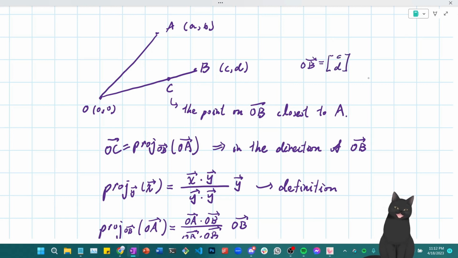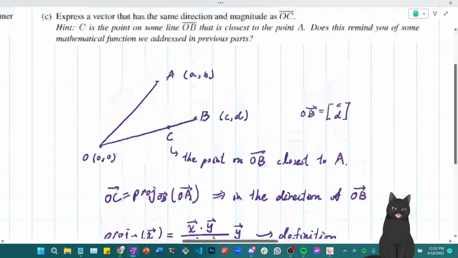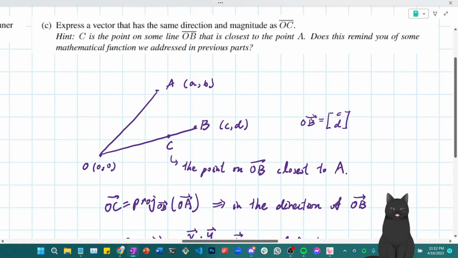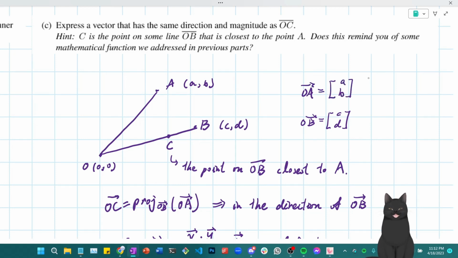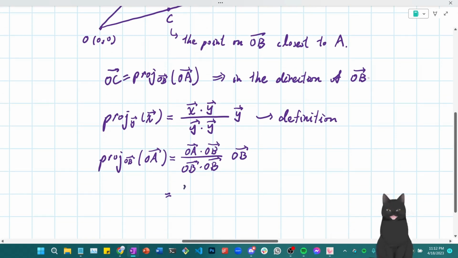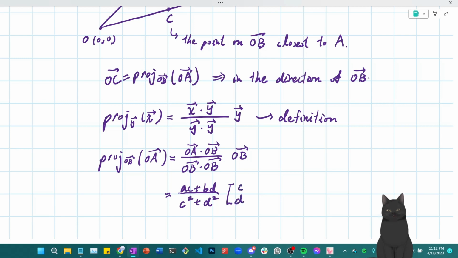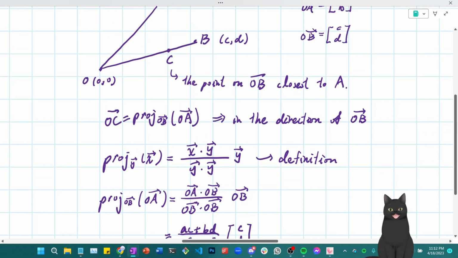CD as in the components that we have stated before in the prompt. And once again, OA is AB. So the dot product is AC plus BD, and the magnitude of OB squared, which is the inner product with itself, is C squared plus D squared, and OB is CD.